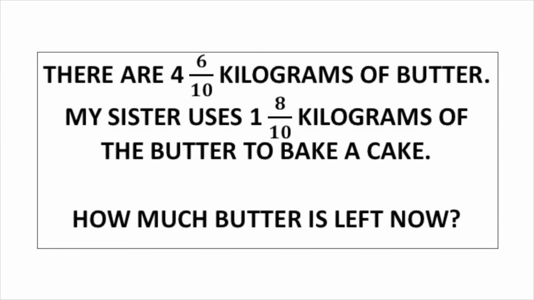There are 4. Now look carefully, 4 is our whole number, not the fraction. Notice the difference between whole numbers and fractions. You can tell a fraction because it has the line dividing the numerator and denominator. So there are 4 and 6 over 10 kilograms of butter.